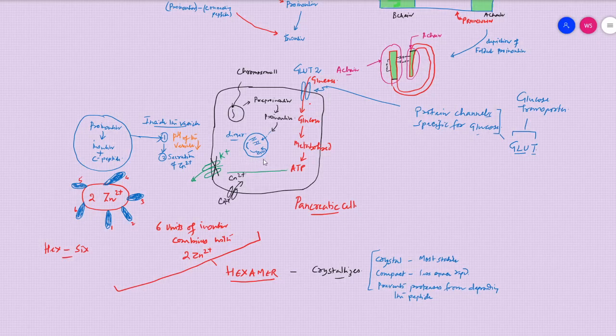These calcium ions will make the vesicle move downwards, where it will fuse with the membrane of the pancreatic cell, and there will be exocytosis. Exocytosis of whatever was present within the vesicle. What was present? Insulin hexamer.